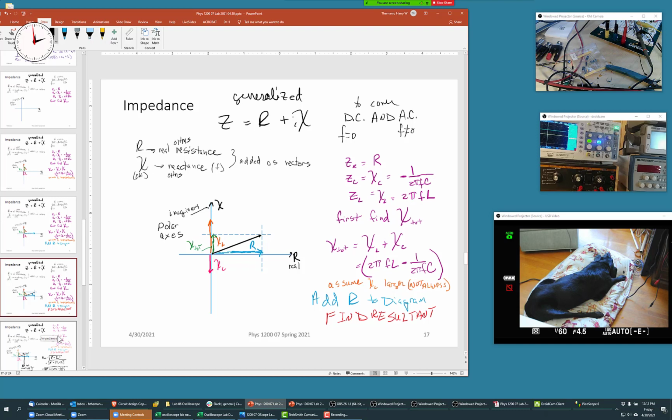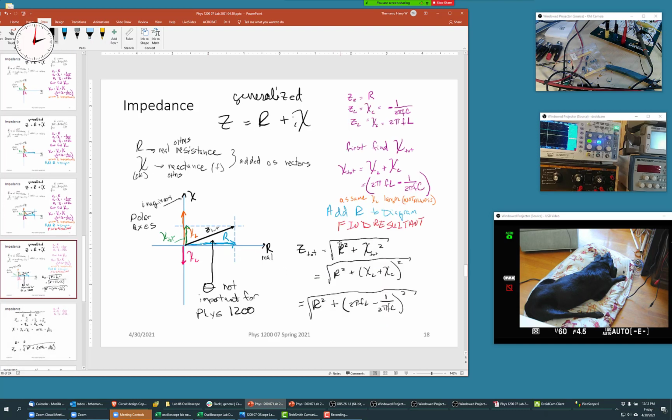And, of course, the magnitude of it are these three steps here. The real part squared, the resistor squared, plus the chi total squared, which is chi L plus chi C, which we had written down a little while ago.